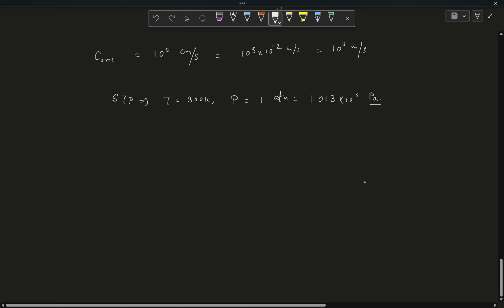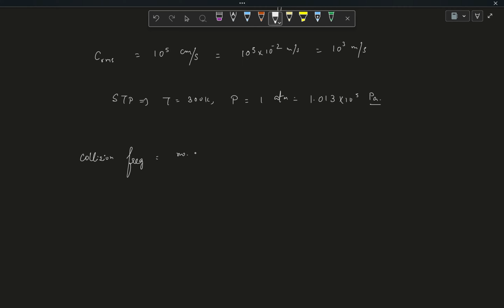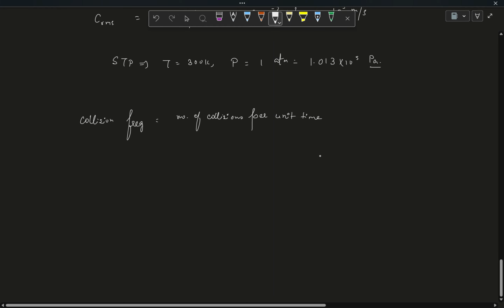Now we have to get the collision frequency. So first let me write down that collision frequency is equal to the number of collisions per unit time. How to get that?